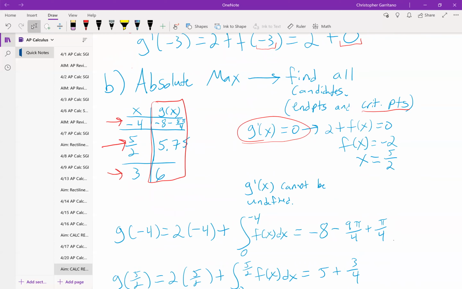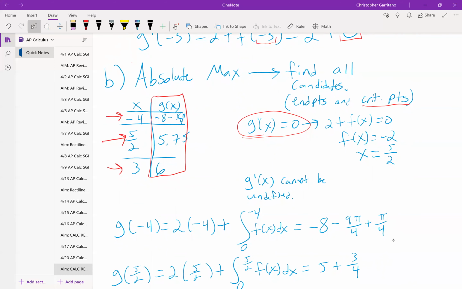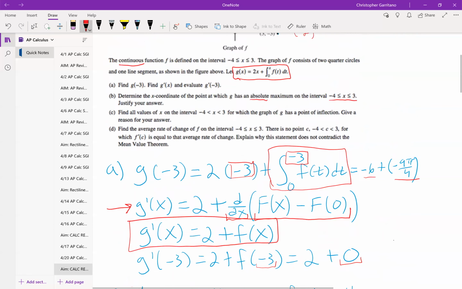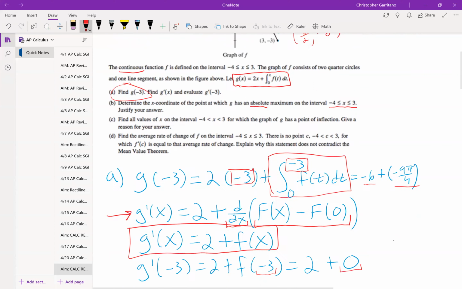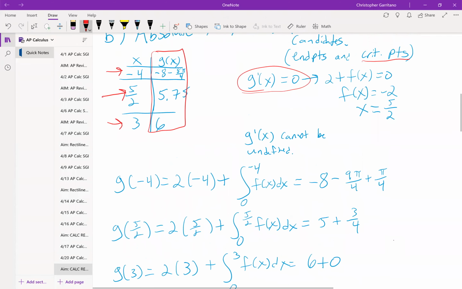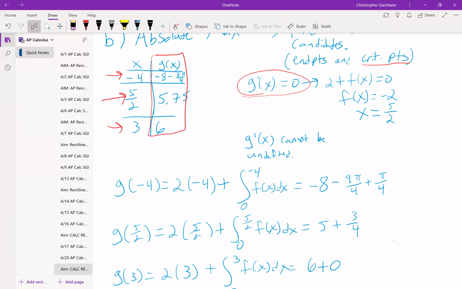All right, we're not done yet. We've just found our candidates. Now we need to actually evaluate G at these values to determine when G is a maximum. All right, so G of -4. This is similar to the very first problem over here. I just take these x coordinates and plug them into my function, and I do have to evaluate integrals, which is to say I need to calculate areas under the curves.